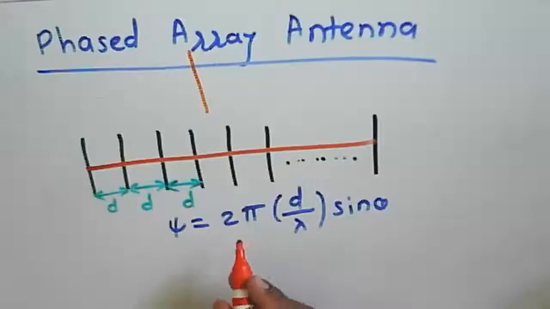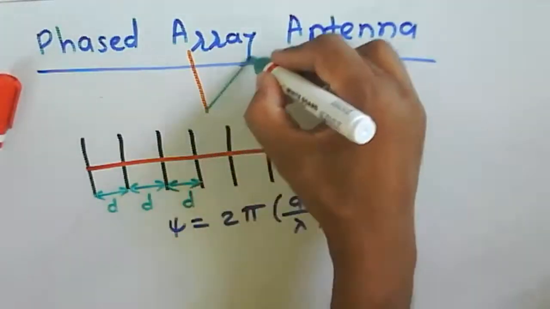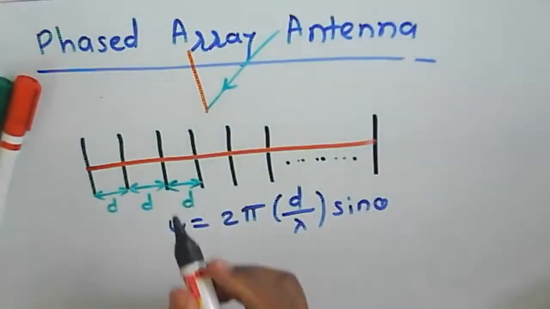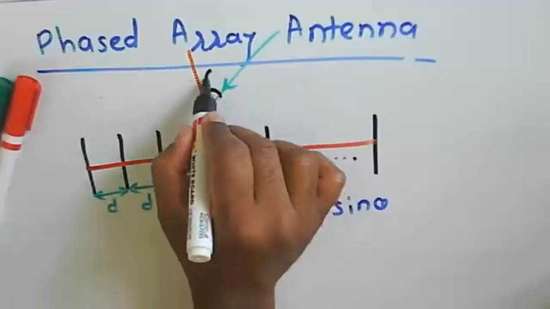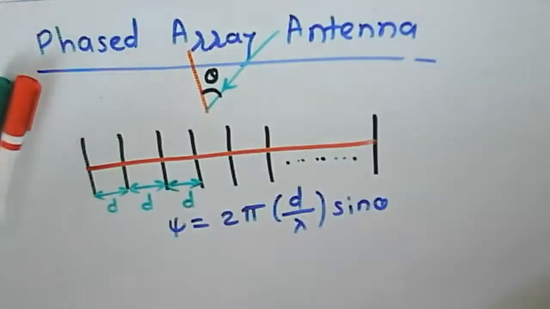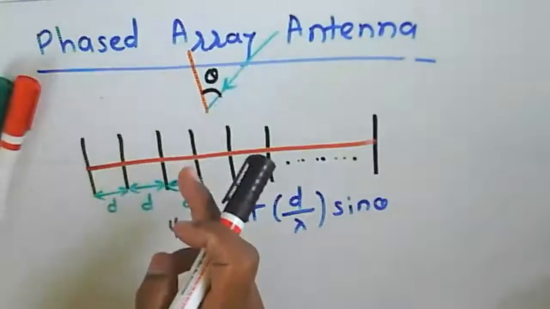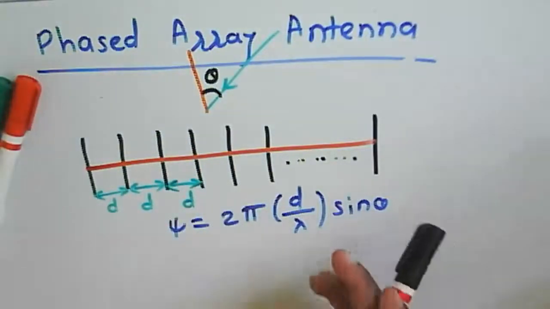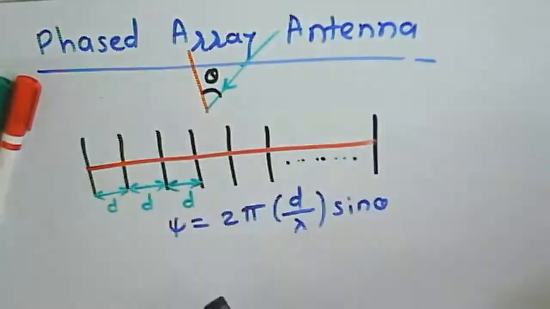And we can consider that a signal is incoming from the target. For this incoming signal, this angle with the normal is theta. And this theta is nothing but the direction of the incoming signal or radiation from the target.